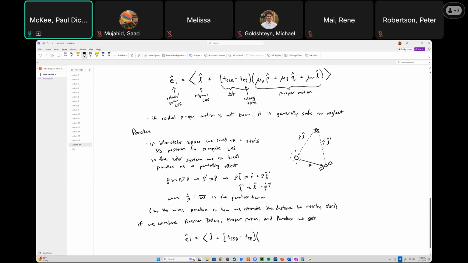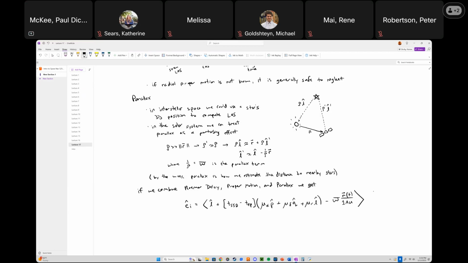And then we've got mu alpha P plus mu delta Q plus mu R times L minus our parallax term, spacecraft position converted to astronomical units, where 1 astronomical unit is the distance from the Earth to the sun, and then normalized.